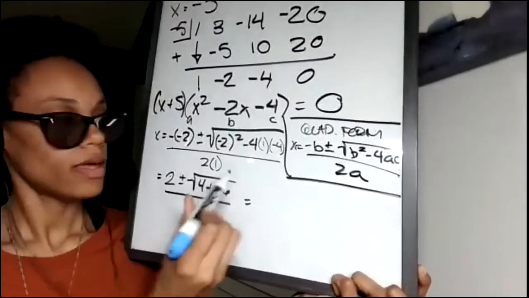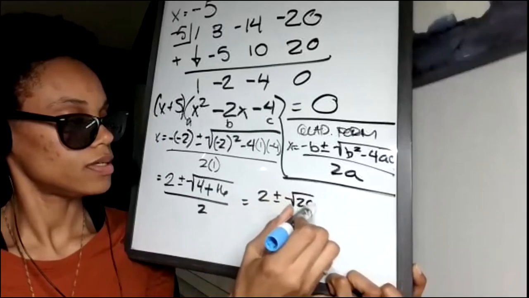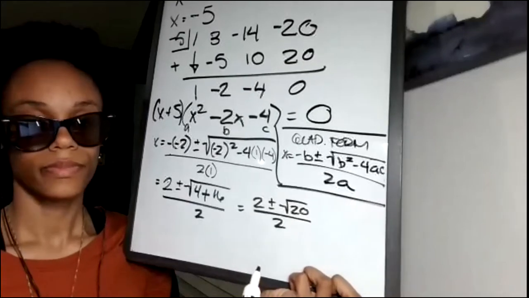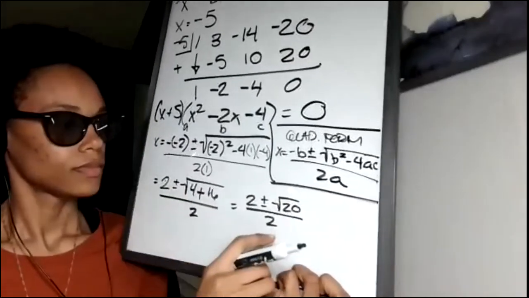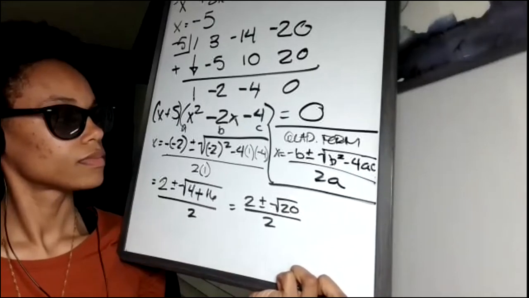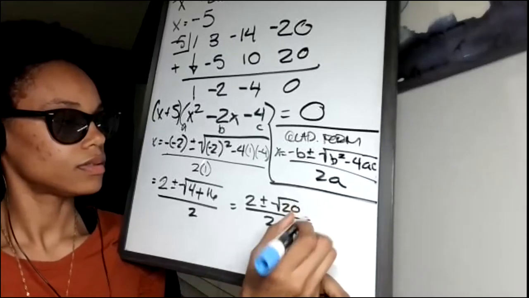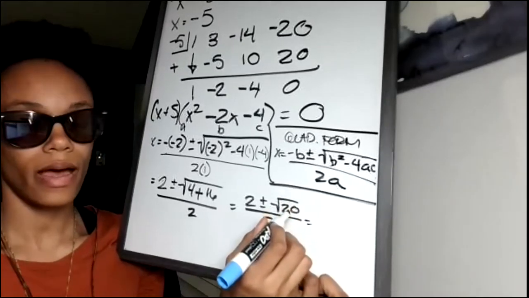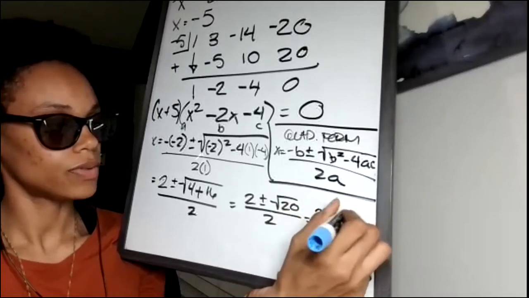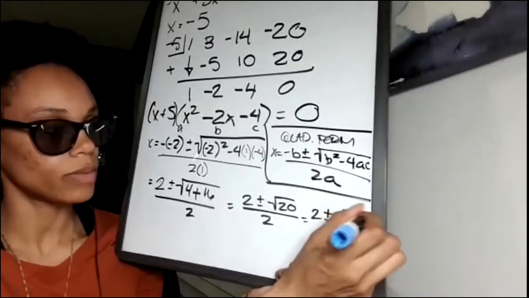And let's simplify that addition under the radical. 2 plus or minus root 20 over 2. And let's rewrite this as 2 factors. So 2 plus or minus root 5 times 4, because 4 has a perfect square root, and we're going to pull that out front.